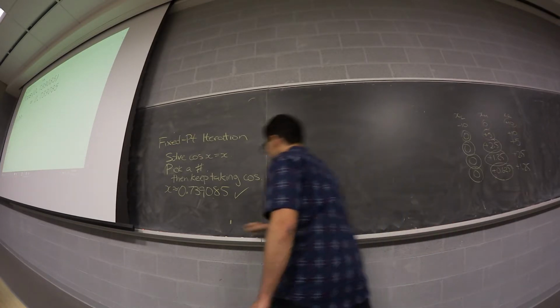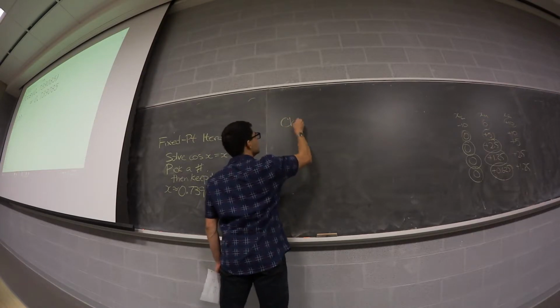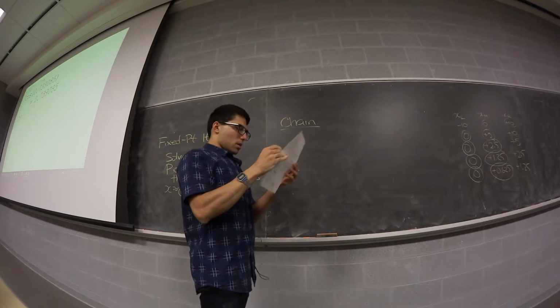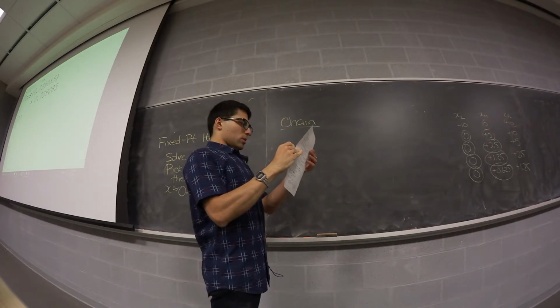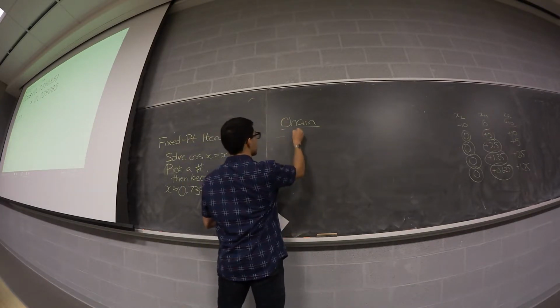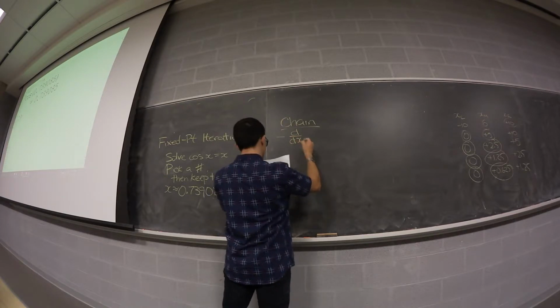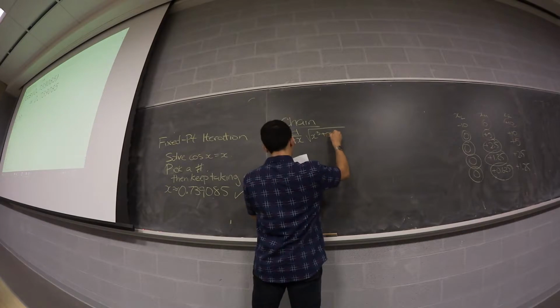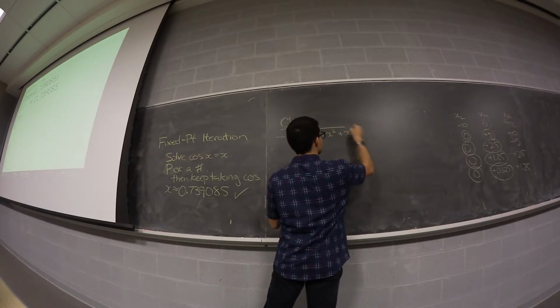All right, chain rule. Find me the derivative of the square root of x cubed plus x squared plus x plus 1.